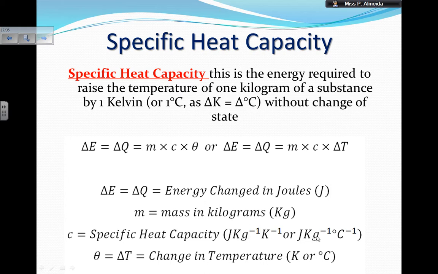If your table shows grams, then it's different, but again it's a difference of some zeros. Then theta or delta T is the change in temperature, and again, it can be in Kelvin or degrees Celsius because the changes in temperature are exactly the same.